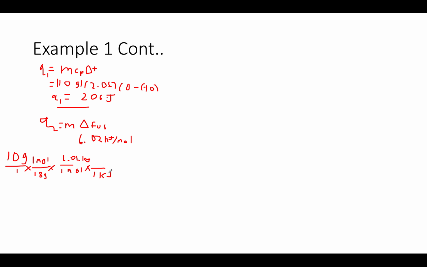There is 1 kilojoule per 1,000 joules. So our final answer is in joules. Grams cancel, moles cancel, kilojoules cancel.